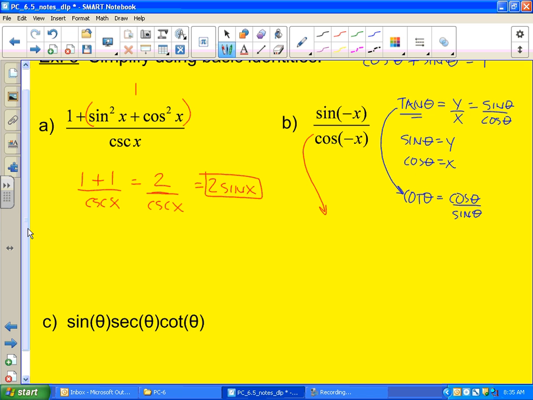We have some negative angles in here. So these are those even odd identities. A sine of a negative x. All right, we said that a sine of a negative x produces a negative sine x value. And a cosine of a negative x, a negative angle rotation, put us at a place where cosines were positive.